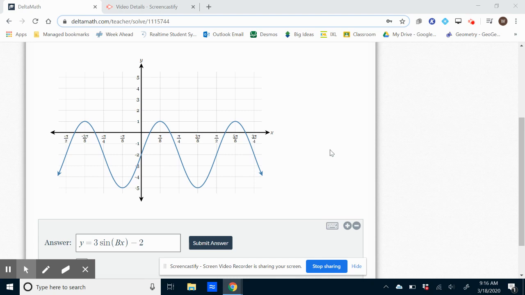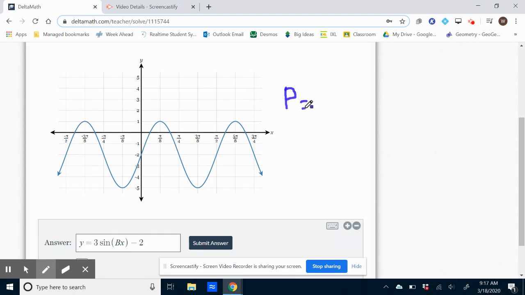All right, guys. So in the last video, I talked about whether it's sine versus cosine, how to find the amplitude and the midline, which leaves us just with b, which we know comes from our period. And we know that the period equals 2 pi divided by b, right?